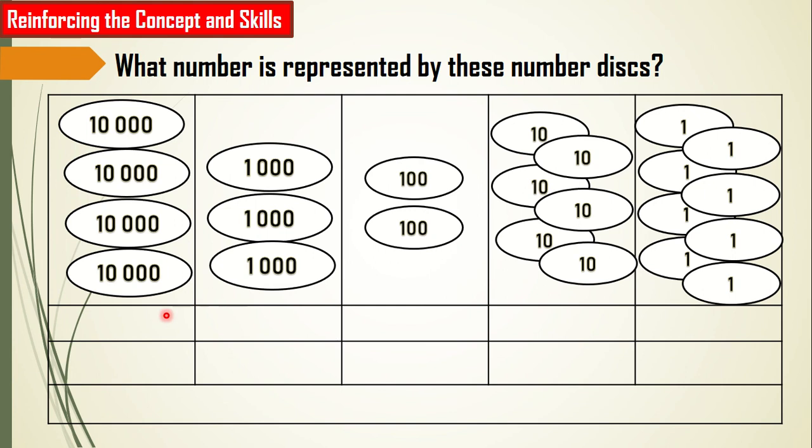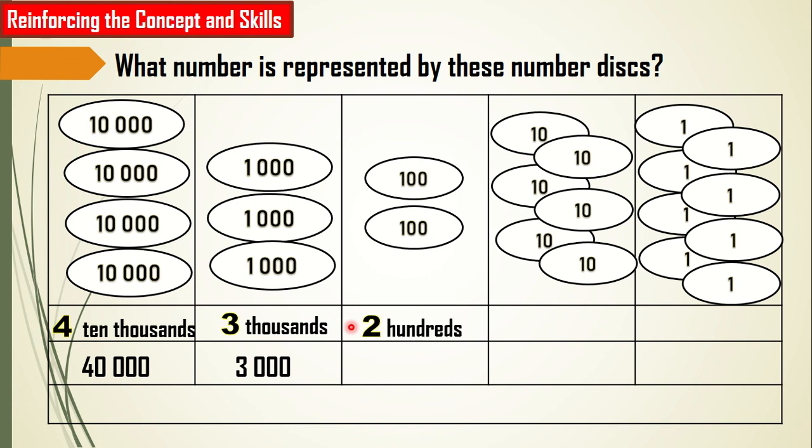Let's check your answer. We have 4 10,000 discs. 4 10,000s is 40,000. We have 3 1,000 discs. 3 1,000 discs is 3,000.